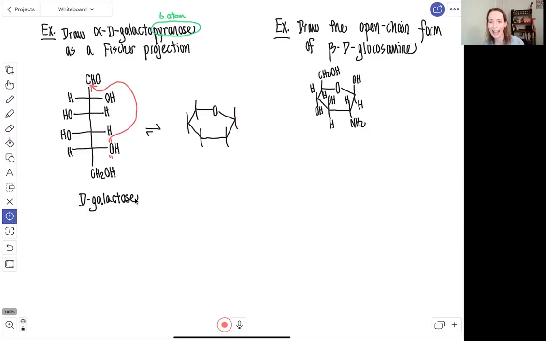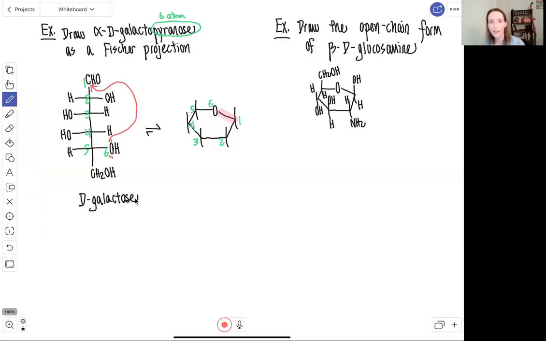Filling this in, I always number my carbon atoms starting with the aldehyde group: 1, 2, 3, 4, 5, and 6. Position 6 is the oxygen that forms the link to carbon number 1, so that's that link right here. I'm calling that oxygen atom number 6.